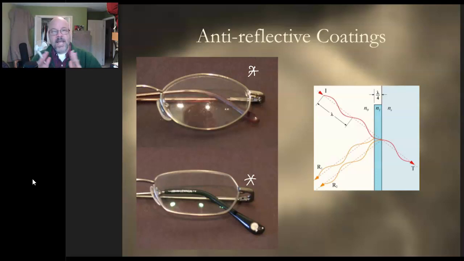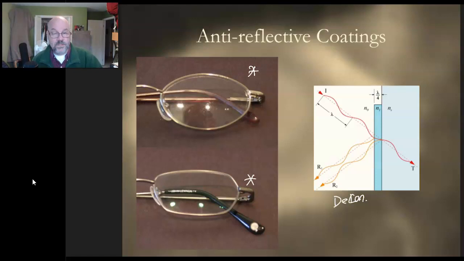So you've got a range of lambdas, one of which will experience perfect destructive interference. The others will be partial, and even though they're not complete, they're still going to be reduced quite a bit. They might be 10 or 20% of the original, even if they're not zero. And that's going to make a big difference.